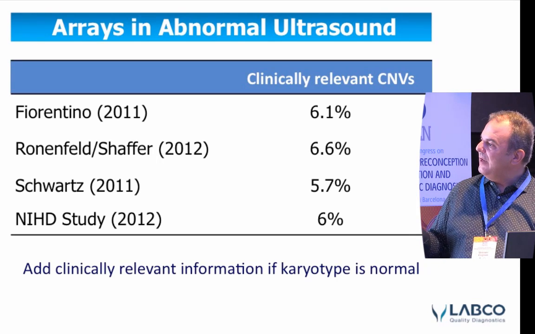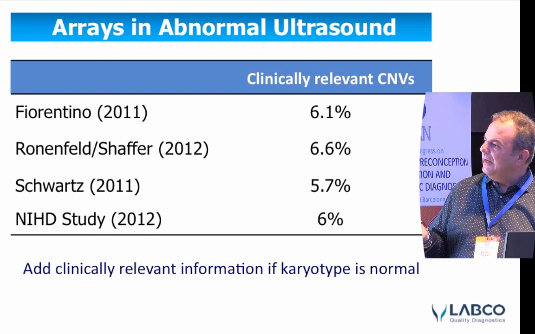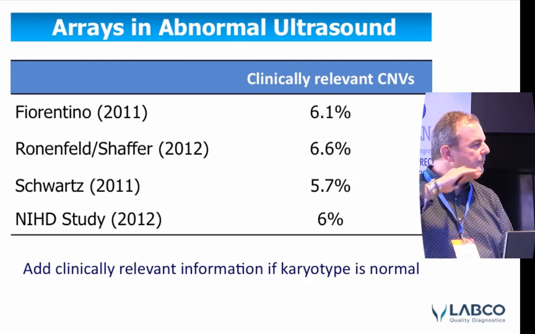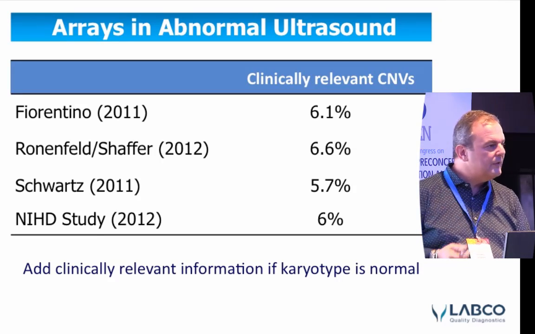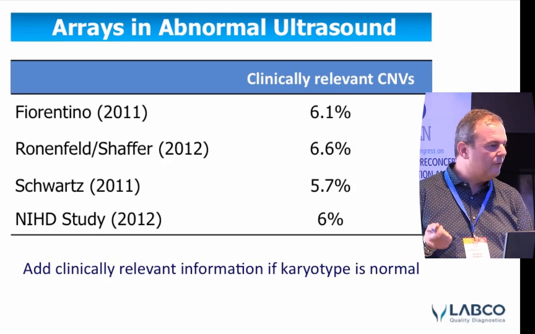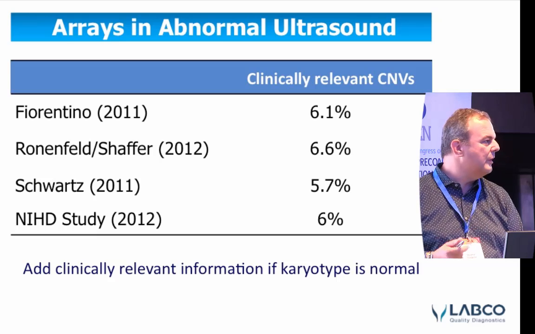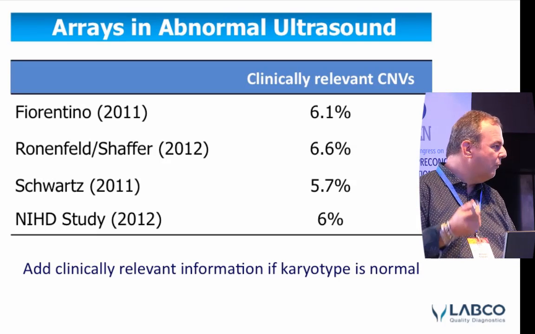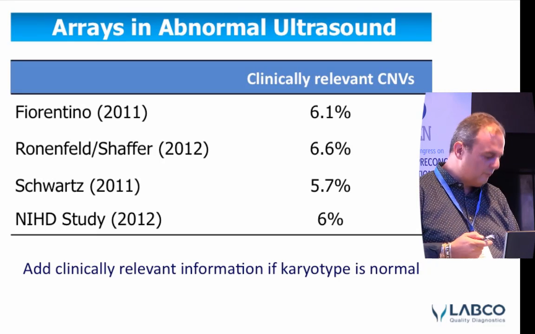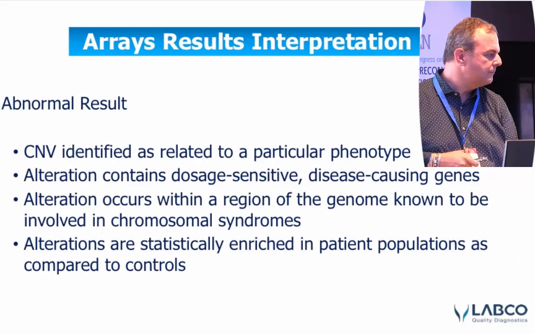This is a SNP array, in the NHD study of 2012. So a different platform, but almost the same detection rate. The main difference is that depending on the platform, you can greatly reduce the number of doubtful, so unclear, results, which in prenatal diagnosis is very important.